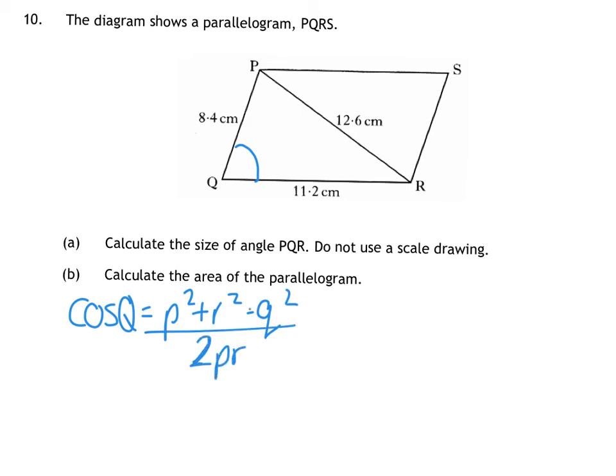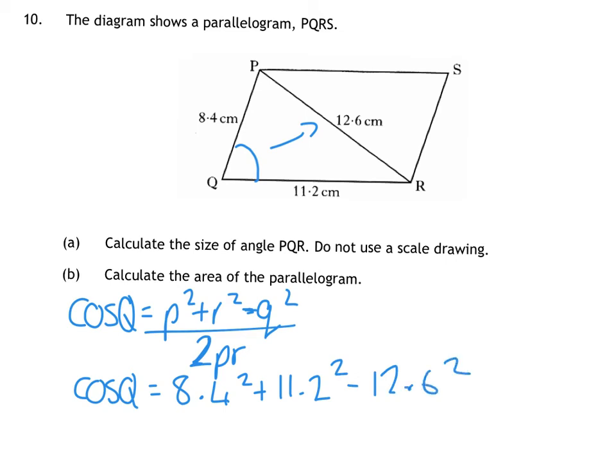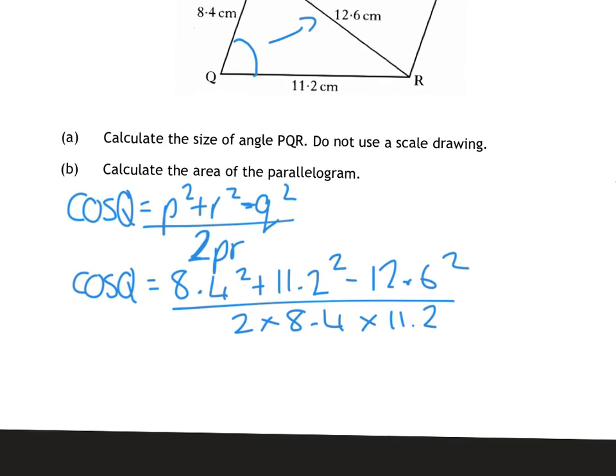As long as you know the number that becomes the takeaway is the one opposite the angle you're doing. So quite often when I'm teaching my class, I'll go straight to the numbers and they'll say, right, well, cos q is the 2 sides on either side. And they know that the one that's the takeaway is opposite the angle they're finding. So there's my top line all over 2 times 8.4 times 11.2. Okay, so that is that line of working.